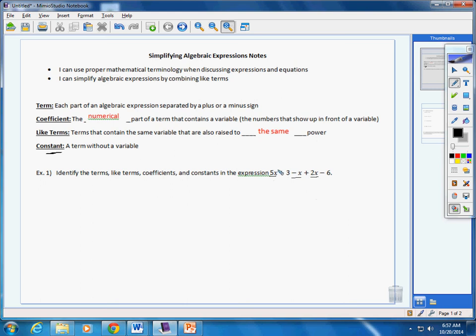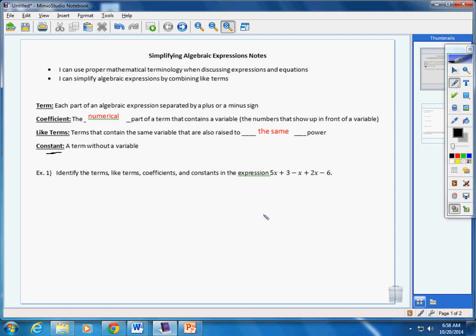They all have the same variable, and they all have the same exponent, because really there's an imaginary 1 right above those x's, isn't there? So those are your like terms. Those are the terms that you're going to be able to combine. Please don't forget, positive 3 and negative 6 are also like terms. You're going to be able to combine those because they are similar.